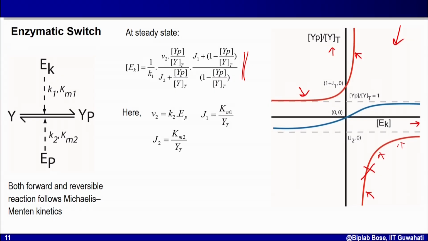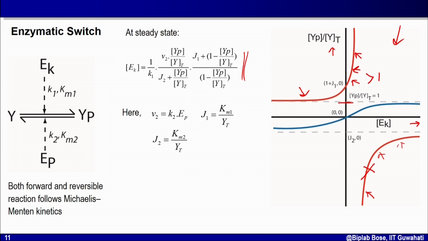Look into the other red line, this one. This is also coming from my relationship. If you plot it using a plotter, you will get that. Now what is happening here? In this part, Ek is positive, that is possible. Yp by Yt is also positive, that is possible. But look into it. The values of Yp by Yt here are all greater than 1, because this dotted line is representing 1.